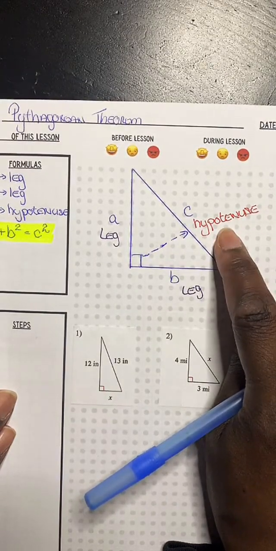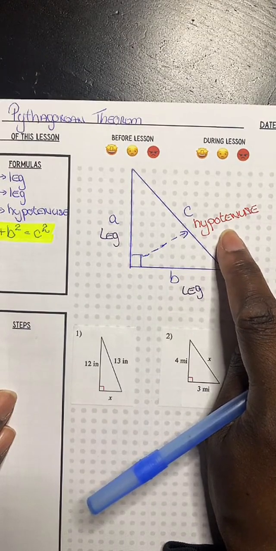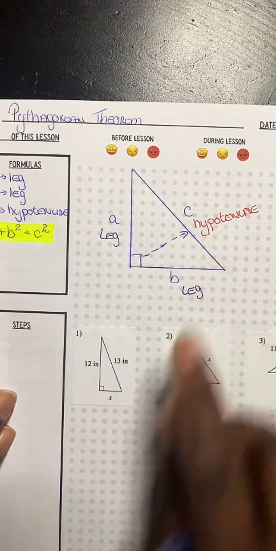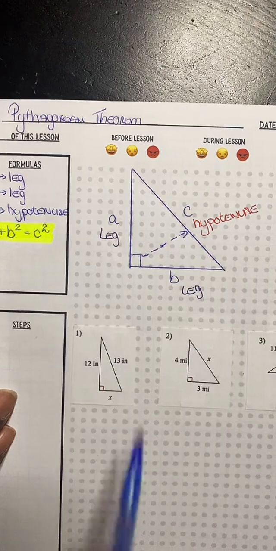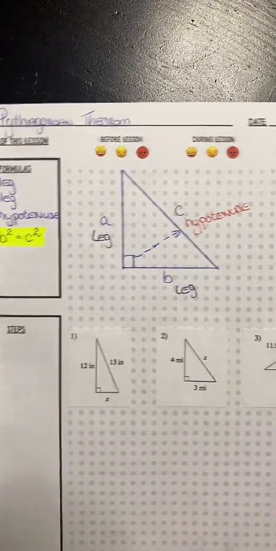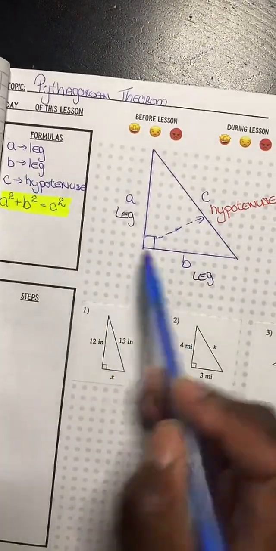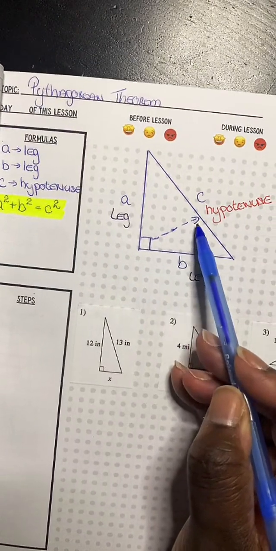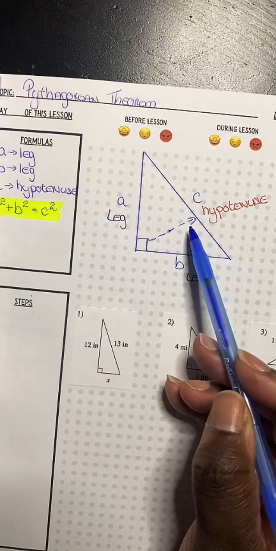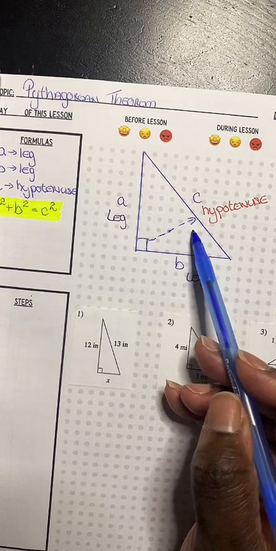The hypotenuse is always going to be your longest side. It doesn't matter if the triangle is rotated some other way. No matter what, the side directly opposite the 90-degree angle is always your hypotenuse.